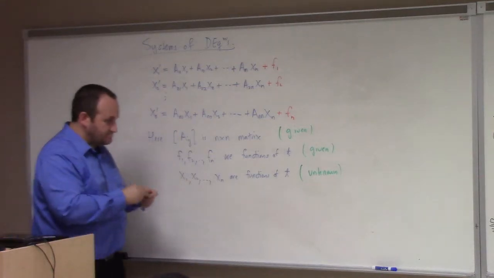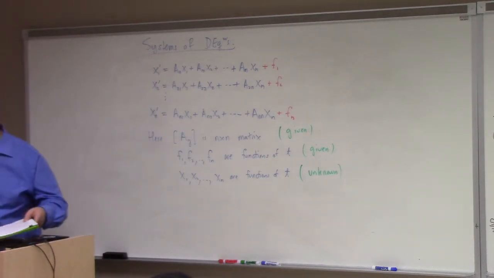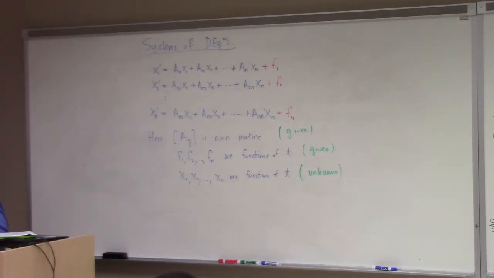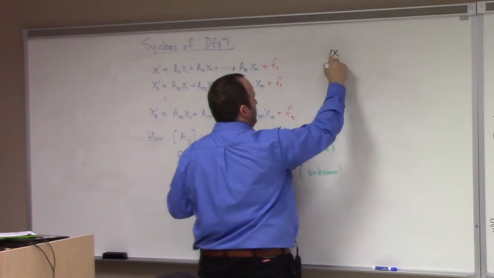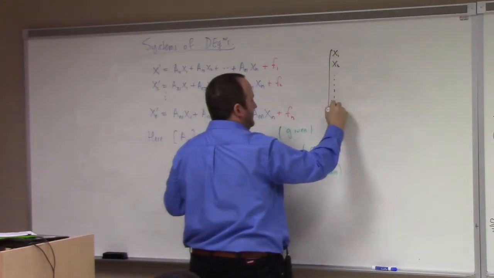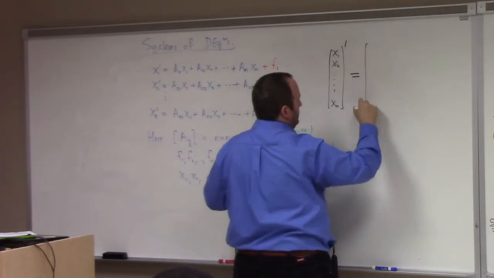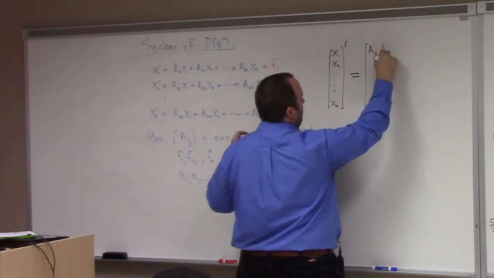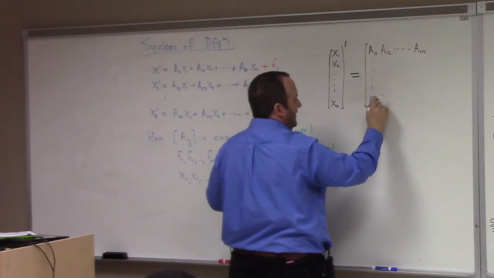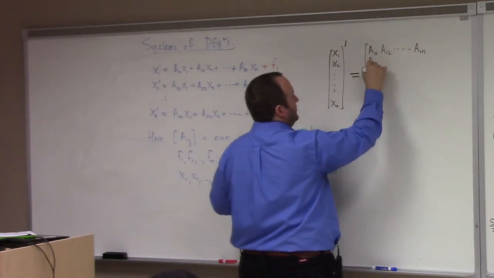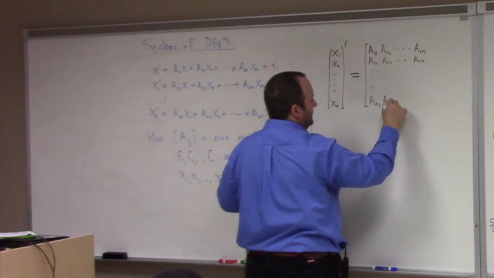And so I can rewrite this using matrix notation as follows. We take the derivative of the column vector x1, x2, xn, and it's equal to this matrix with first row a11, a12, a1n, second row a21, a22, a2n, last row an1, an2, ann.